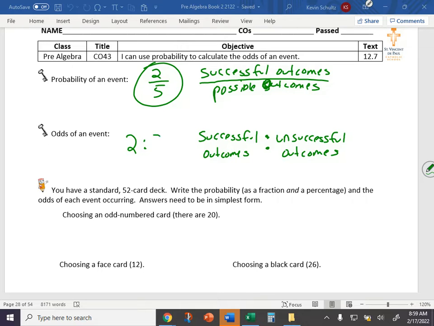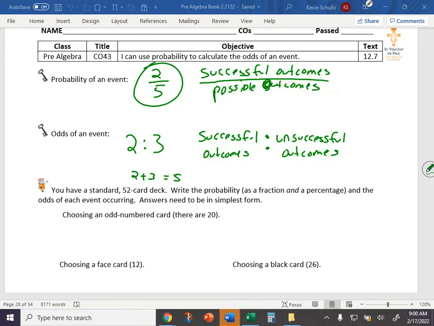So the probability 2/5 can be written as 2 to 3 odds. Because of those 5 outcomes, 2 are successful, 3 are unsuccessful. Right? And the reason why odds are written as a ratio is because if you add those parts together, it gives you the whole. It gives you 5. Okay?